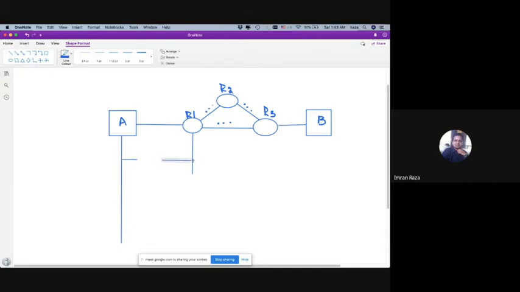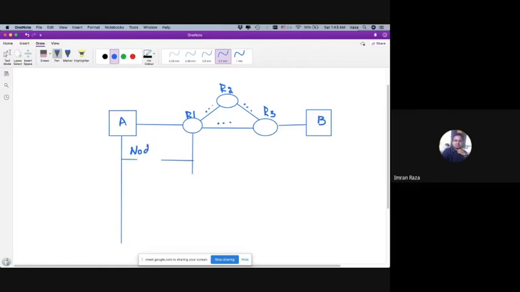See, A is one node and R1 is another node. So we can call this node-to-node connectivity. Right? Where one node is connected to another node. It means A is one node, R1 is another node, so A is connected with R1.